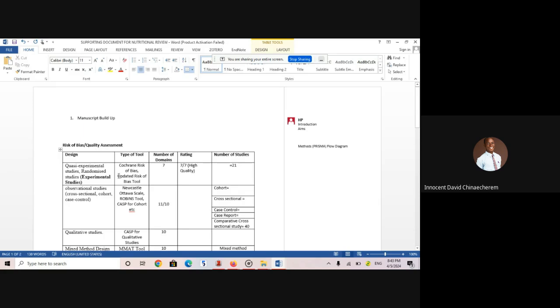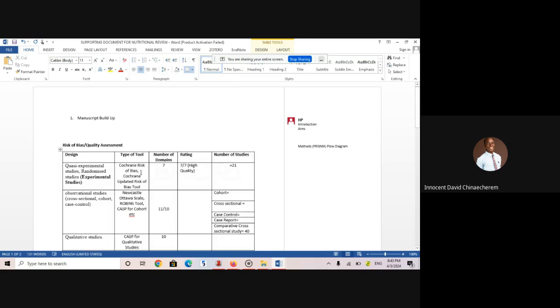So what the updated Cochrane risk of bias tool means is that we now have a new domain that is very, very important. It's not that the original Cochrane risk of bias tool is outdated, but there are some certain parameters that it doesn't account for, which sinks into our score.